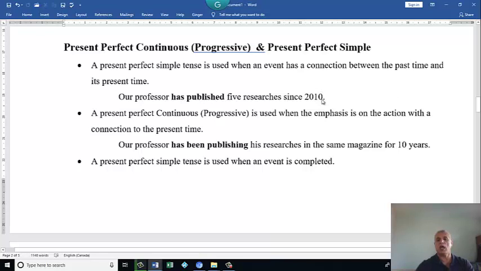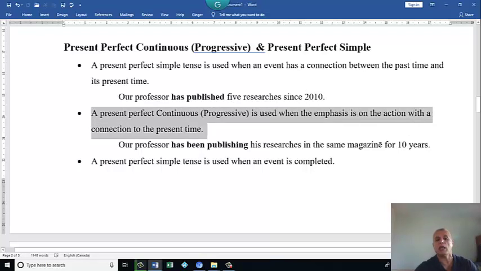We know the action happened and then connects to the present time. Or you could say, the present perfect continuous, then we look for continuing, is used when the emphasis is on the action with a connection to the present time. It means the duration of the action.